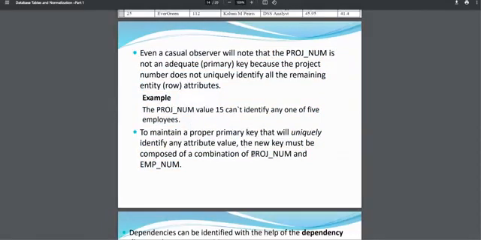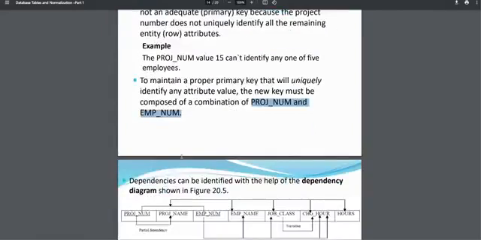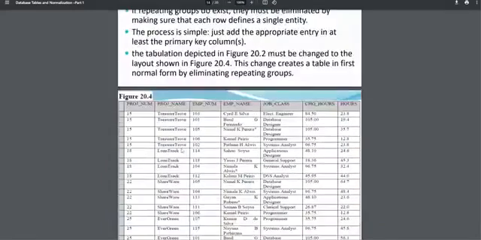And can we use project number and employee number combinations? Maybe, right? Project number 15, employee number 103. Is there any 15 and 103 combination? No, right?